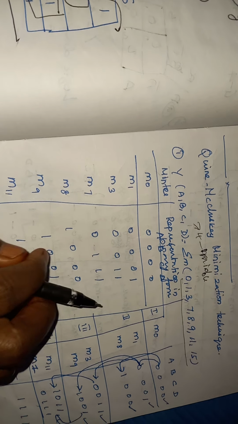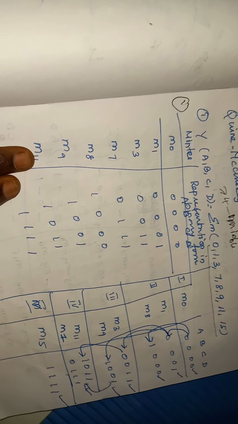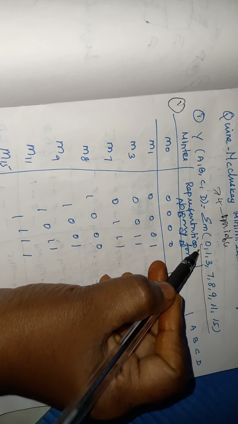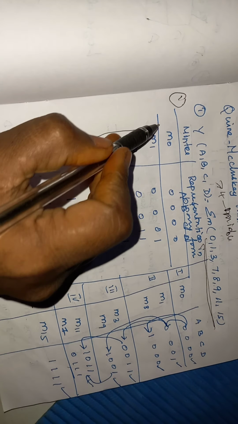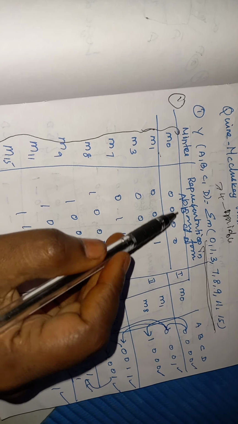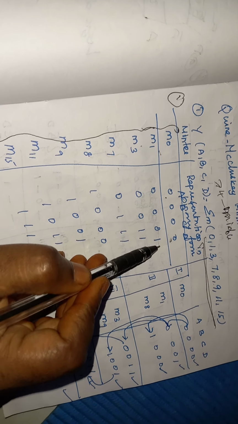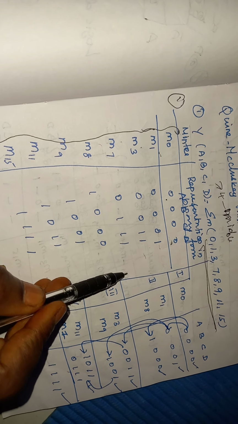It depends on values from 0 to 15. First, write all the given terms. The first step is to write all the given index terms. These are all minterms, so I am writing them here as minterms. m0 corresponds to 0000, m1 corresponds to 0001, m3 corresponds to 0011, m7 corresponds to 0111.